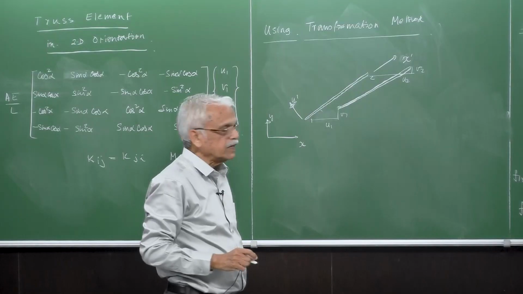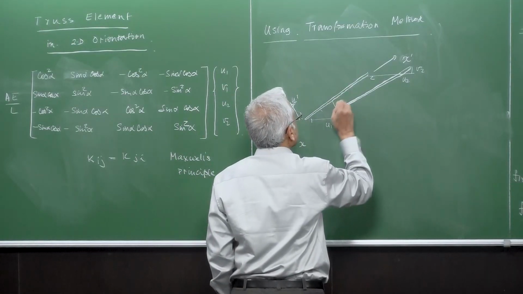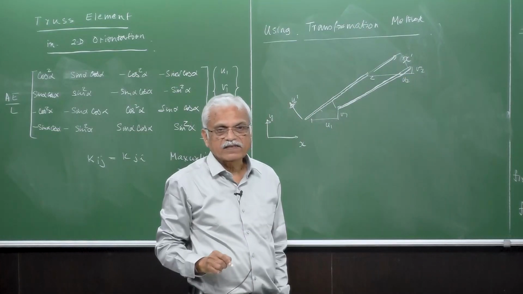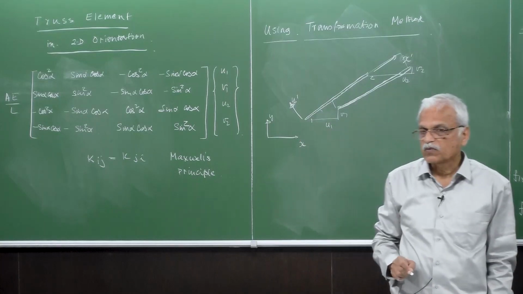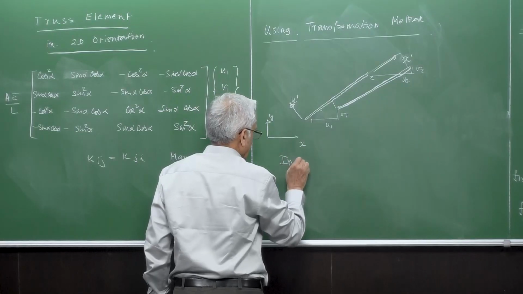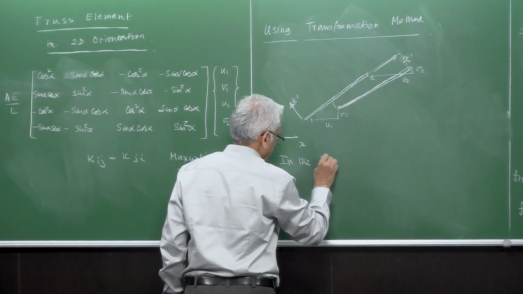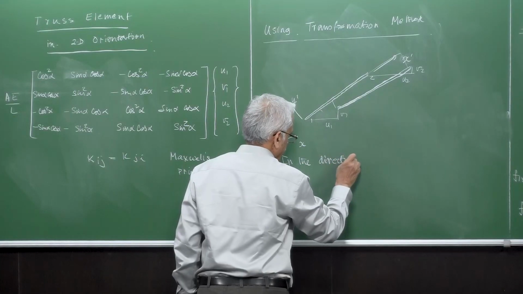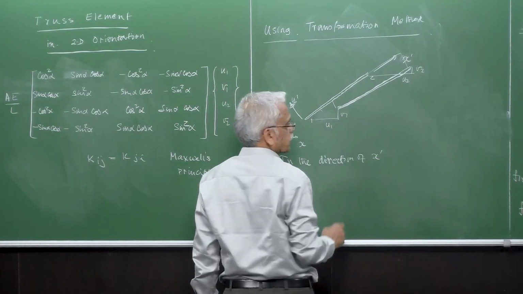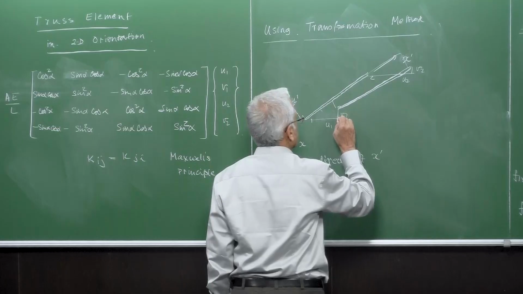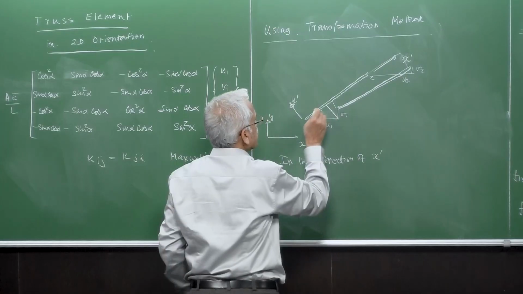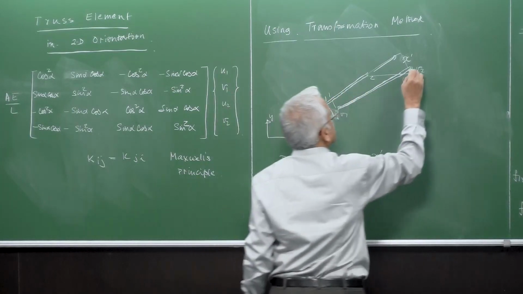Interestingly, the stiffness matrix of the element in its own axial direction we have already derived from the spring point of view. So in the direction of x prime, the displacements will be a projection of this one in this direction, right?